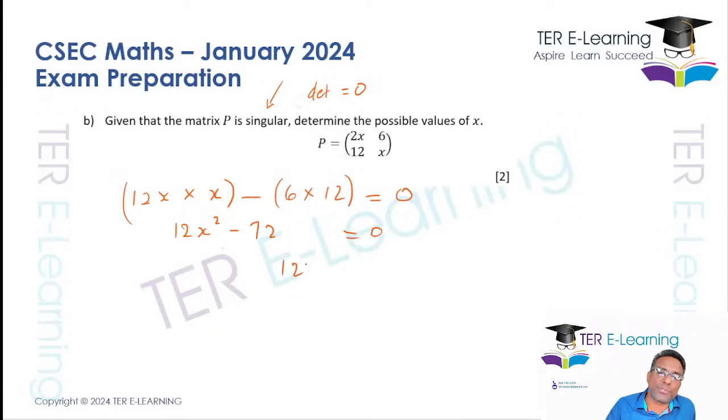So 12x squared is equal to 72, right? So x squared is equal to 72 over 12. So therefore x squared is equal to 6, right?